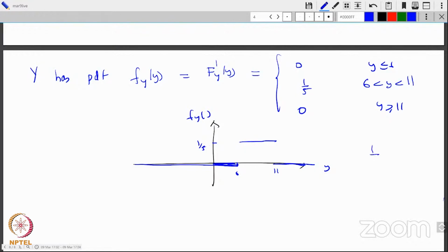You think of 1 over 5 as 1 over (11 minus 6). That means Y is essentially uniform on 6 to 11. That's the distribution of Y.